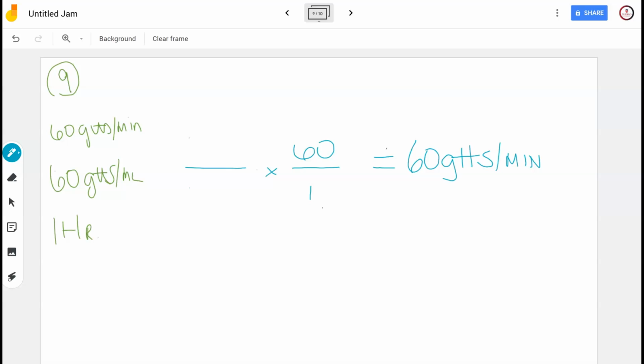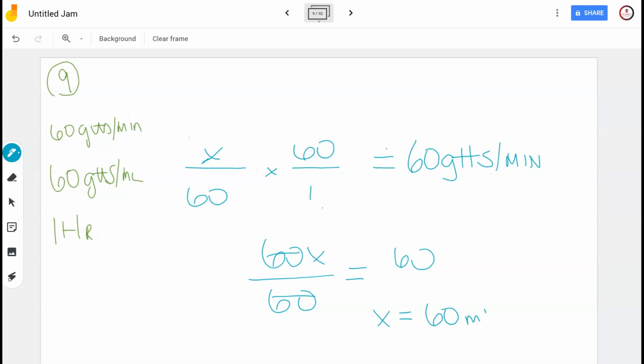You have your 60 minutes, and you're looking for X. So that means you have 60x over 60 equals 60. It ends up being the same, but 60 divided by 60 cancel each other out to 1. X equals 60 milliliters. Did I do it wrong? I did it right. Just a different way of getting there.